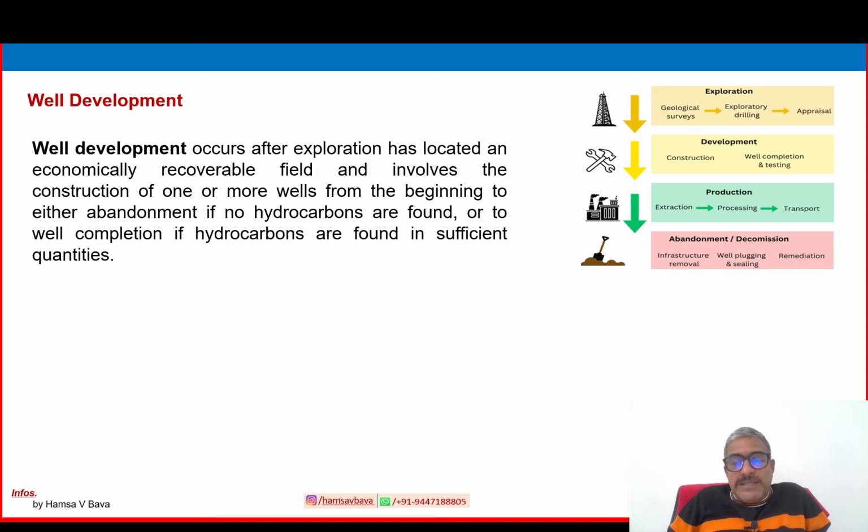So well development is the process to develop or construct one or two wells to find out the potential or availability, how much quantity is available, the type of hydrocarbon, the nature of hydrocarbon, etc.